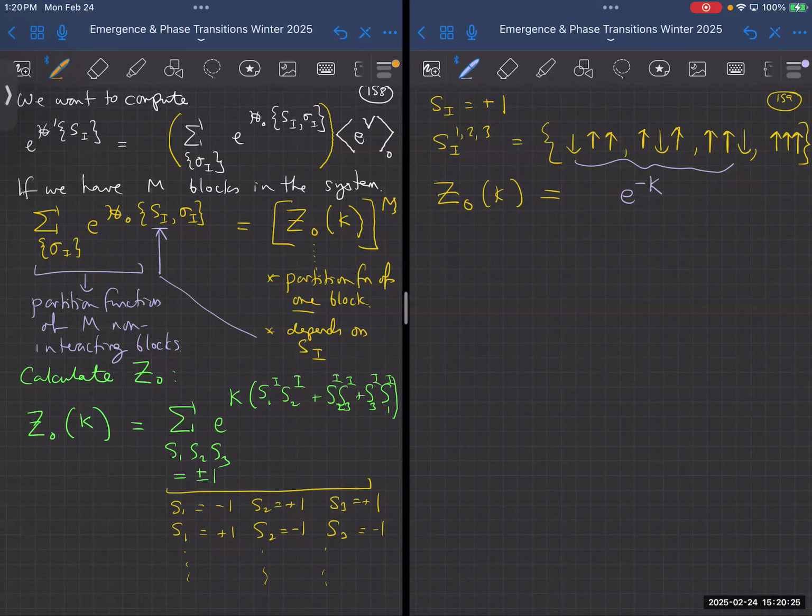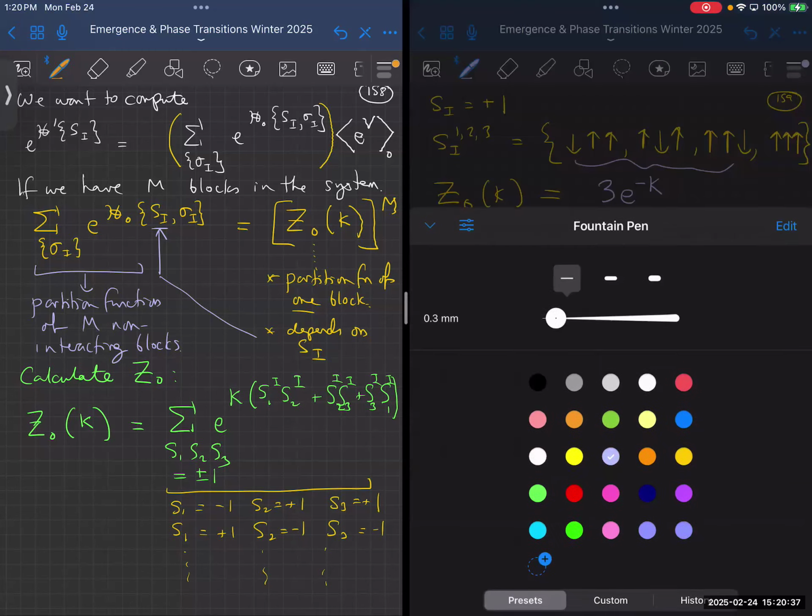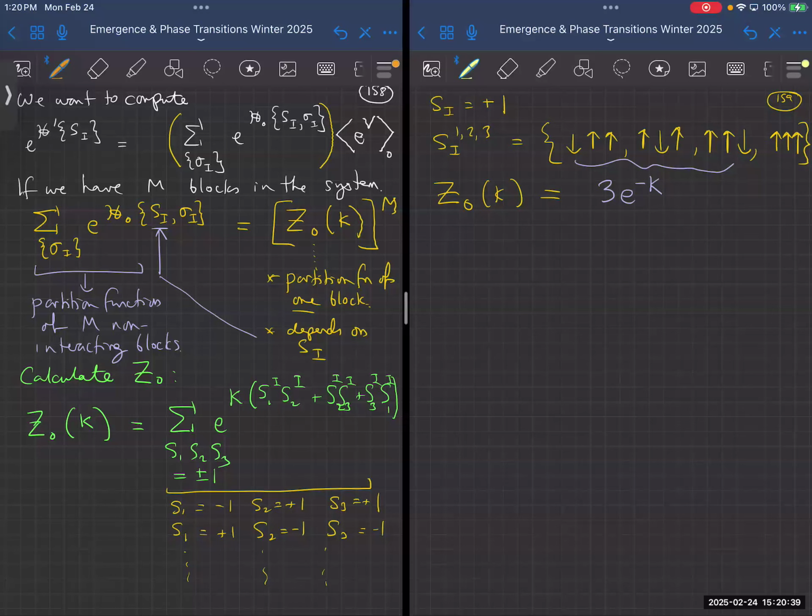And then I've got 1 times 1 plus 1 times 1. So then I've got actually 3 factors of e to the minus K. So I have 3 times e to the minus K. And then this last term, and they're all pointing in the same direction, that gives me e to the 3K. Because if all the spins are plus 1, then I've got 1 times 1 plus 1 times 1 plus 1 times 1. So that's e to the 3K in the exponential factor.